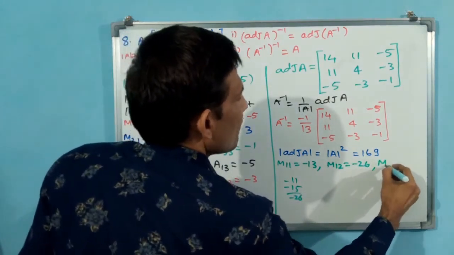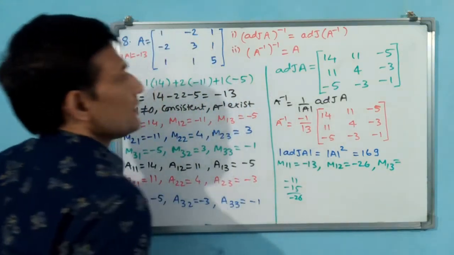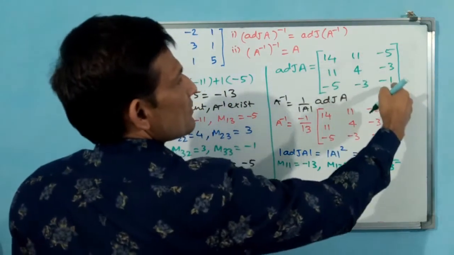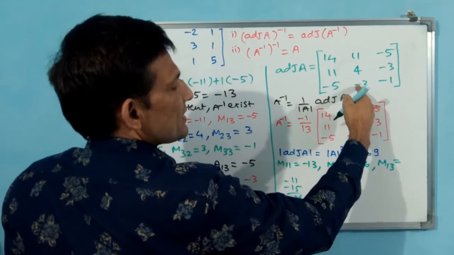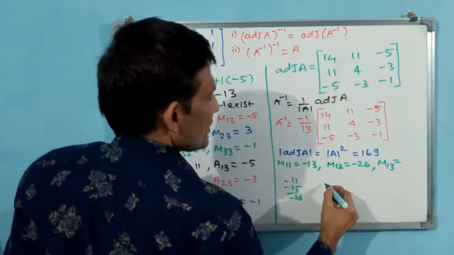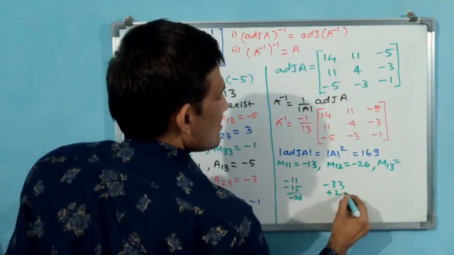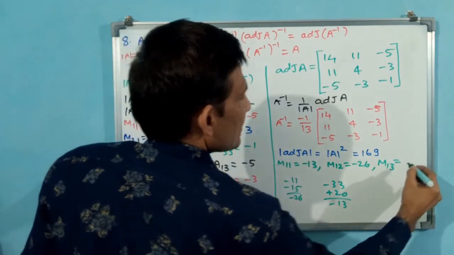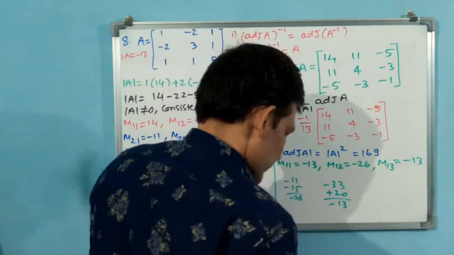Okay, M13. You are closing this 5. -33 plus 20, that is -13. Okay.